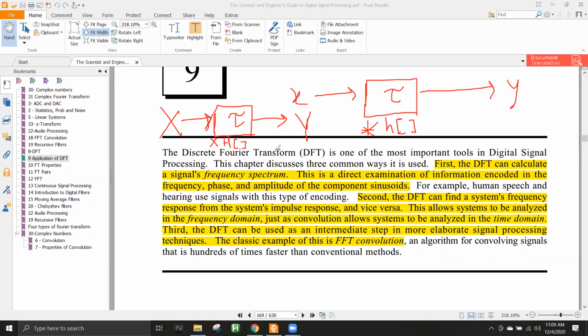And we have also said that any convolution done in the time domain is equivalent to doing multiplication in the frequency domain. So from that, you can already surmise that if a system performs convolution in time domain to get an output, similarly, in the frequency domain, in order to get an output, it will do the multiplication with its corresponding frequency response. So this is what we'll be talking about later on.